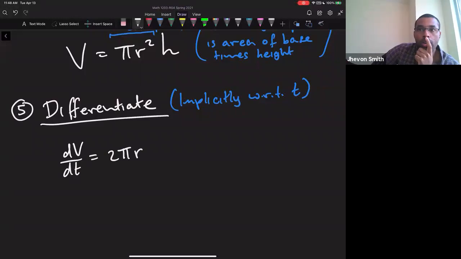Okay. So what are r and h? How would you describe them? Measurements. Sure, but are they constants? Are they something else?